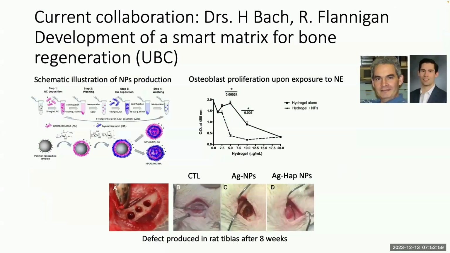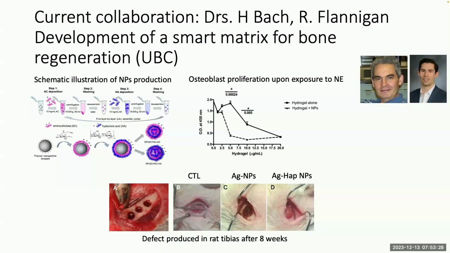Other collaborations, again with Dr. Ryan Flanagan and Horacio Bach, involve the development of a smart matrix for bone regeneration. This is preliminary work. We're using nanoparticles to encapsulate growth factors that osteoblasts like, to migrate and proliferate, and making this as a gradient in a matrix.